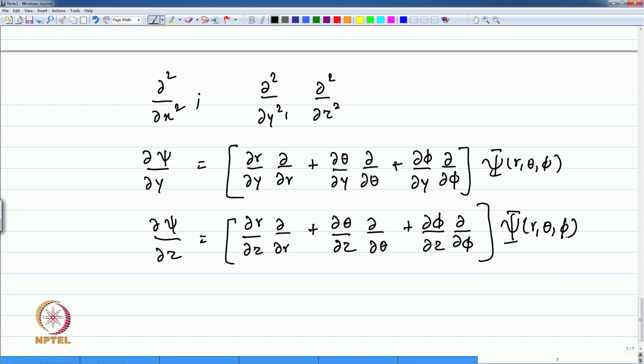These are the derivative equivalents, and you calculate likewise the ∂² terms, the ∂²/∂y² terms and the ∂²/∂z² term.